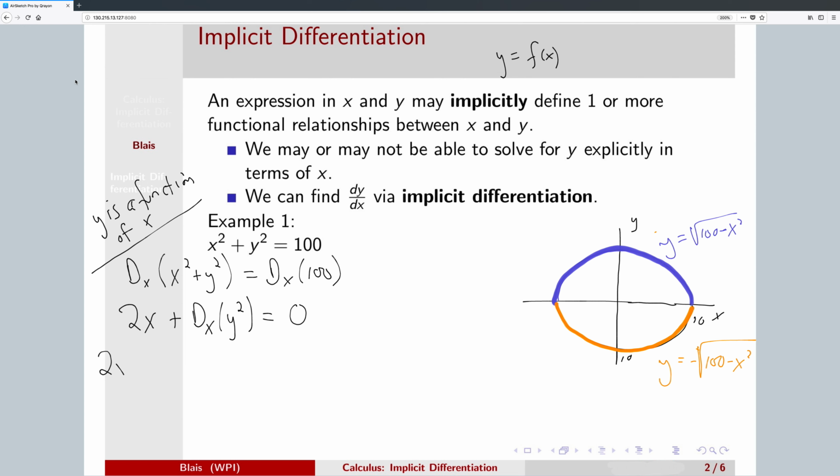So this becomes 2x plus, and our chain rule says, we take the derivative of this y squared with respect to y times dy dx. The derivative of y squared with respect to y is, of course, 2y.